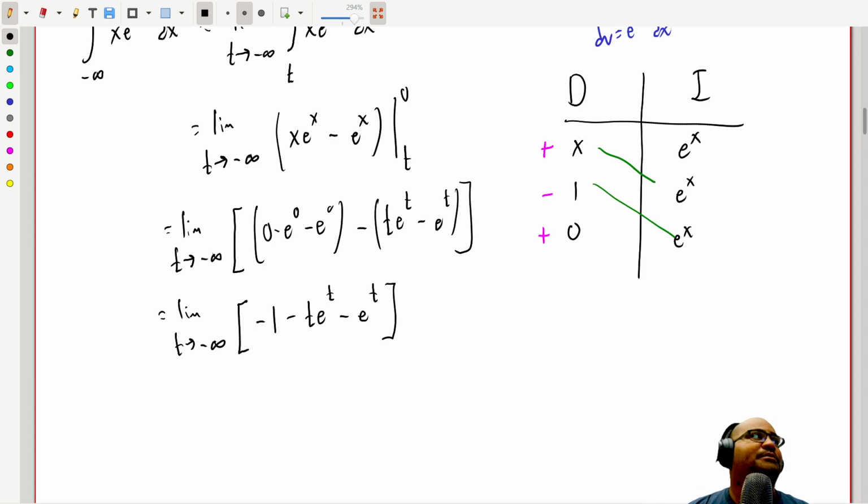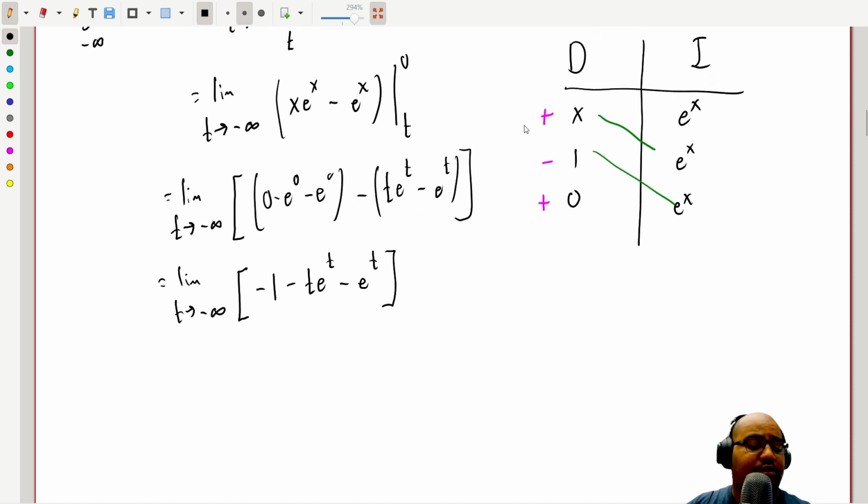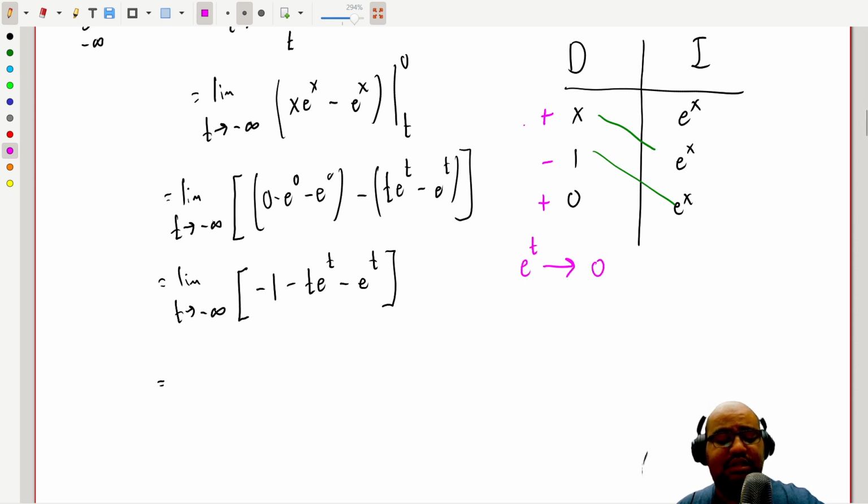We're going to have to remember some properties about our infinite limits here, and we want this as t approaches negative infinity. So once again, watch the limit refresher series. Notice that e to the t goes to 0 as t approaches negative infinity.